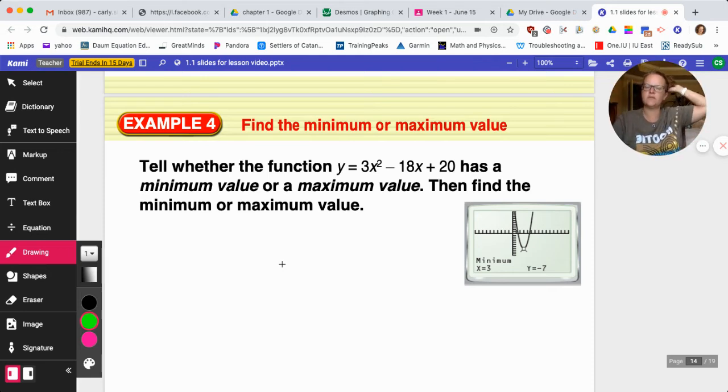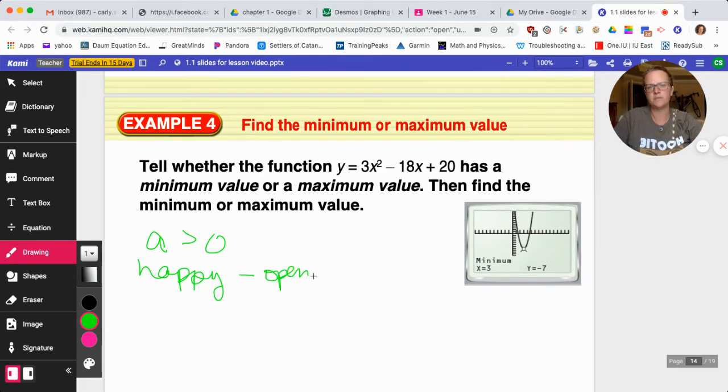All right, let's finish this up. So tell whether the function y equals 3x squared minus 18x plus 20 has a minimum or a maximum value. Okay, we know that a is greater than 0, therefore it's a happy parabola. It opens up. So we are going to have a minimum value.